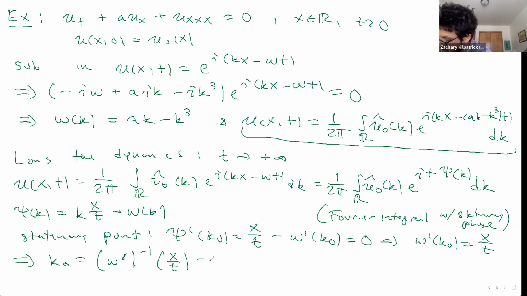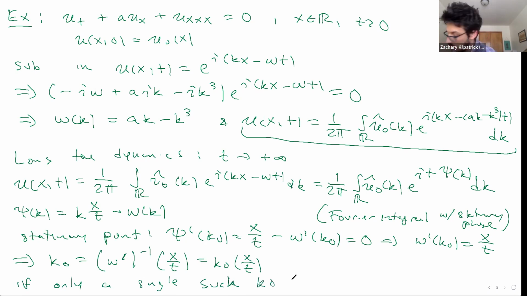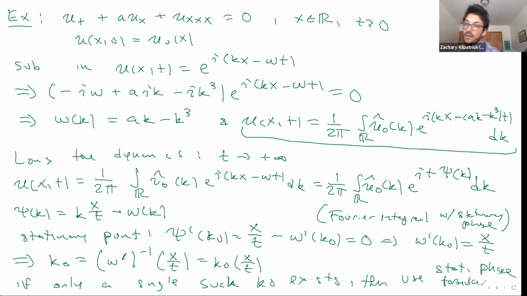So this is what we'll call k0 of x over t. If only a single such k0 exists, then we can use the stationary phase formula, which we wrote down earlier, in order to derive our stationary phase.